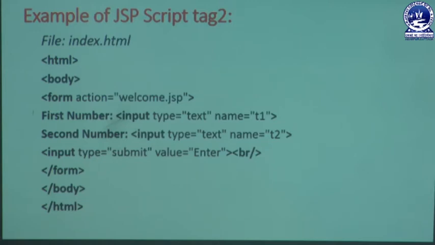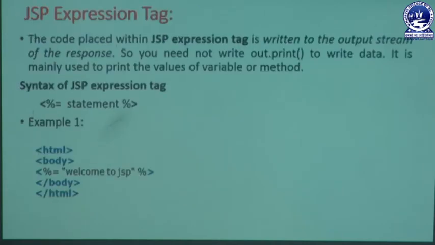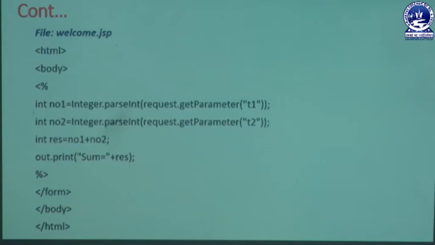Okay, next we can discuss the real code behind this welcome.jsp page. Let us first focus on it. Here we can learn welcome.jsp. In that welcome.jsp we have some specific coding section.